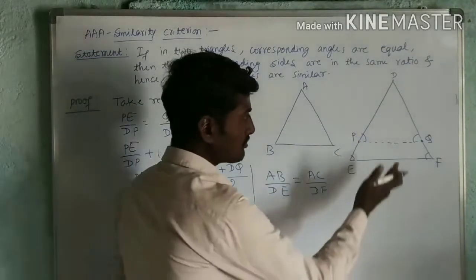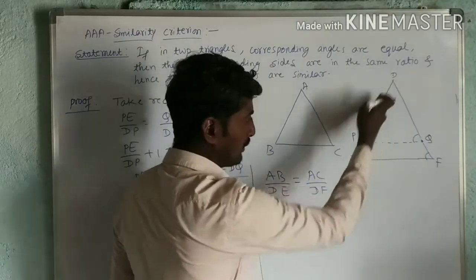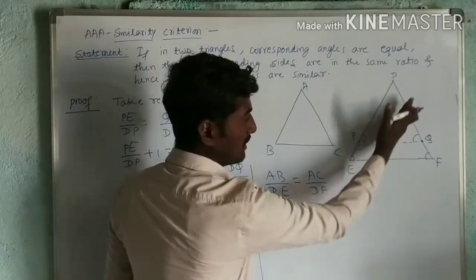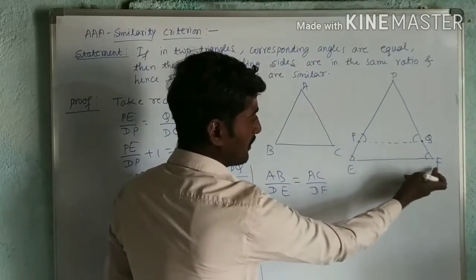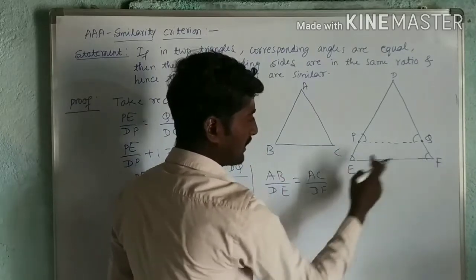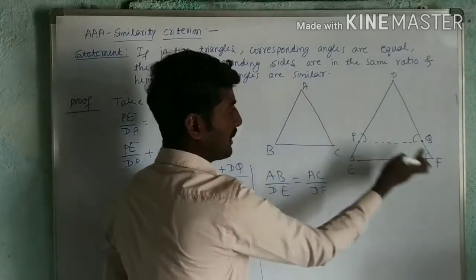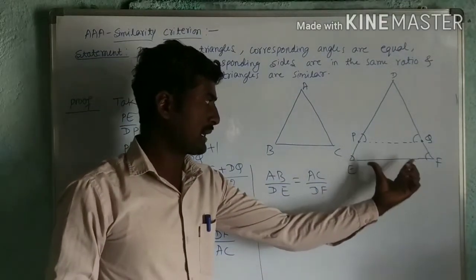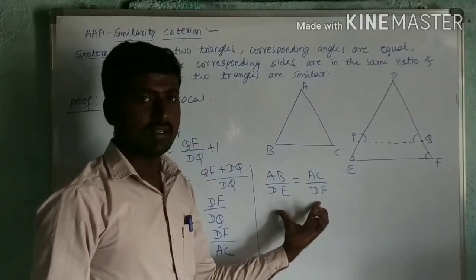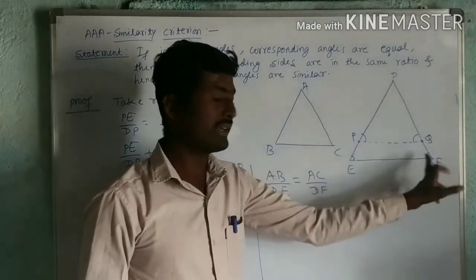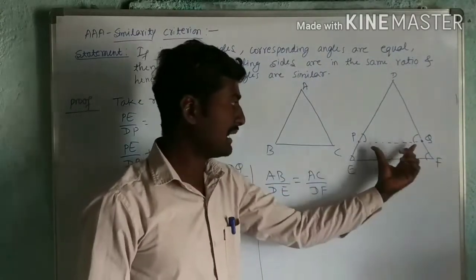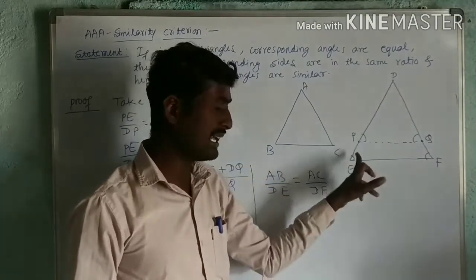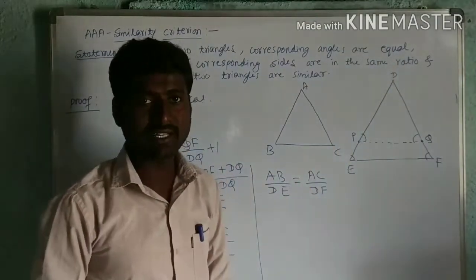If you draw PQ parallel to DE, then you get CB divided by FE and CA divided by FD. If you draw PQ parallel to DF, another two ratios we will get.